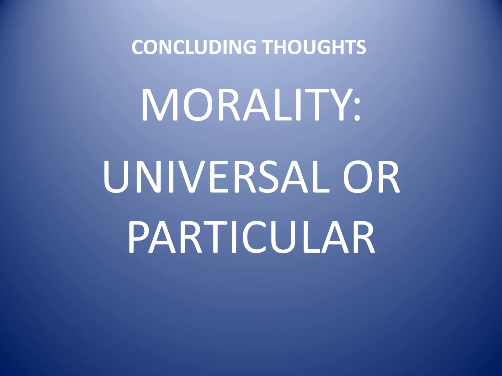So, some concluding thoughts. One thing this provokes is: is morality universal or particular? A universal morality is basically saying that because we all have a mind, because every human being has a psychology, and the more we understand about psychology, we will be able to build a universal morality once we fully understand individual psychology.